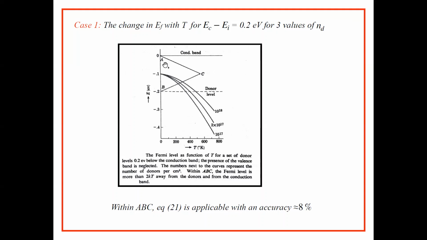Within A, B, C, the Fermi energy level is more than 2 kT away from the donors and from the conduction band. And within ABC, equation 21 is applicable with an accuracy of 8%.